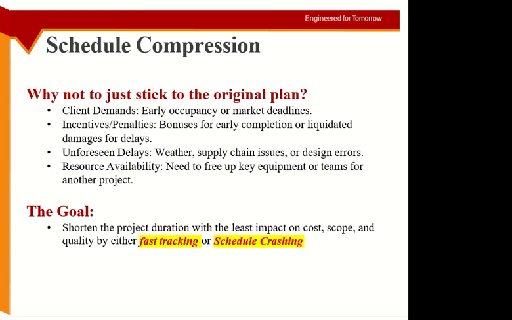Ideally, the ideal scenario is what? You compress the time without any change in anything else. This is ideal. But obviously this is not possible. If it was possible, then the client will ask you, why were you asking me for more duration to begin with?